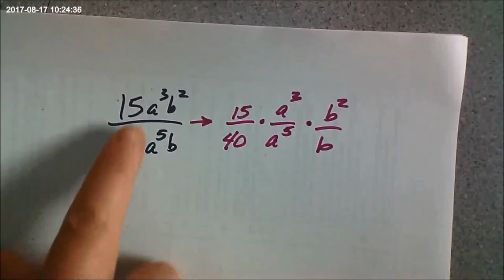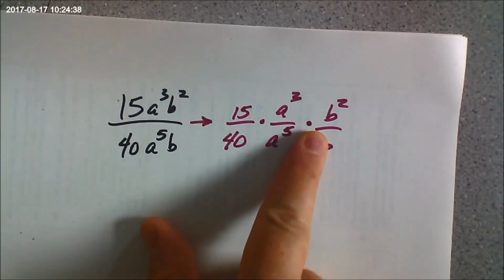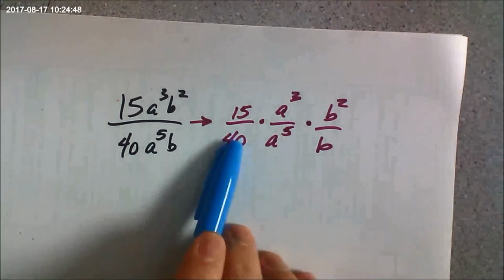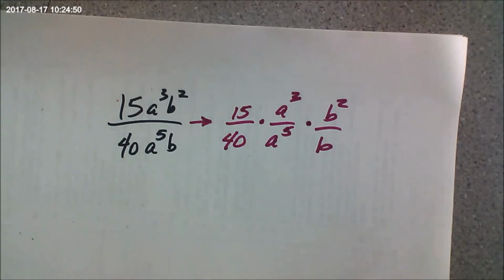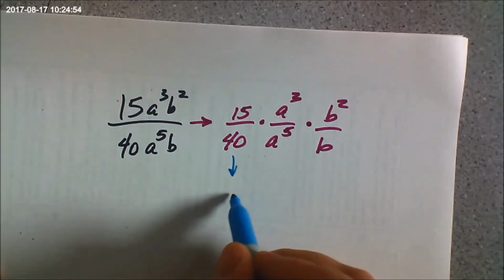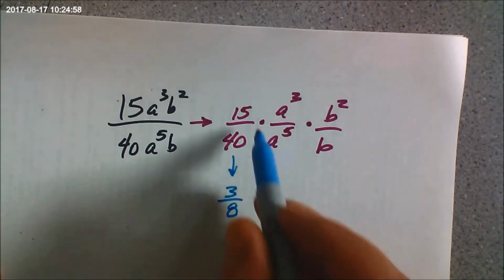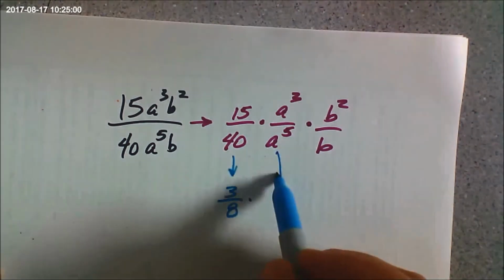When I look at this, that's what I see. Do you see why that's useful? What's this one going to be? Do you guys agree? 3/8? So this one is 3 over 8. Okay. Times, what about this one?